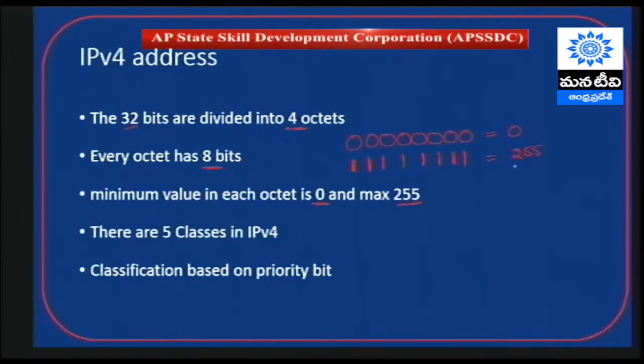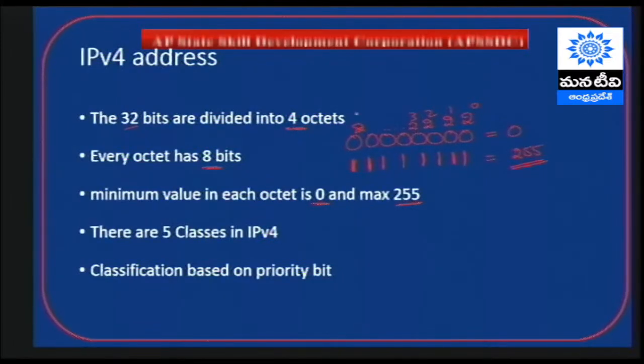You may be wondering, how did we get this value 255? Because this is a binary number system, the first bit value is 2 to the power of 0, the second bit value is 2 to the power of 1, the third is 2 to the power of 2, the next is 2 to the power of 3, and so on, and the last bit value is 2 to the power of 7.